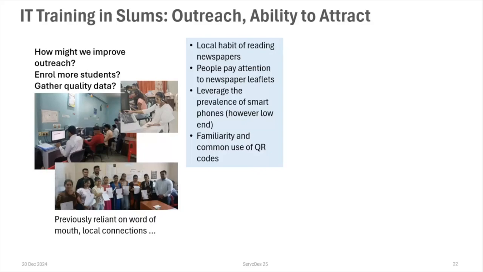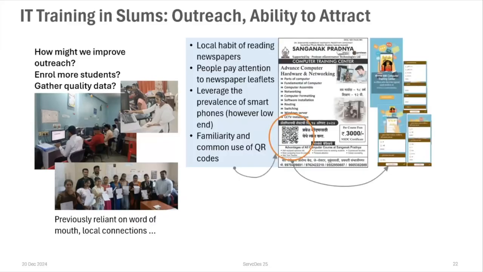Scan a QR code and something happens. So how might we leverage that? One very simple idea came: in the flyers which would go out in the newspapers, why not include a QR code which will in turn launch a small Google form?